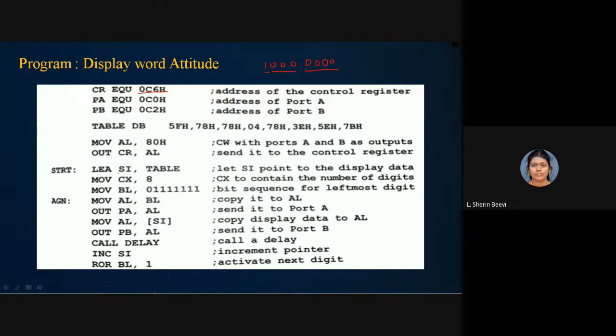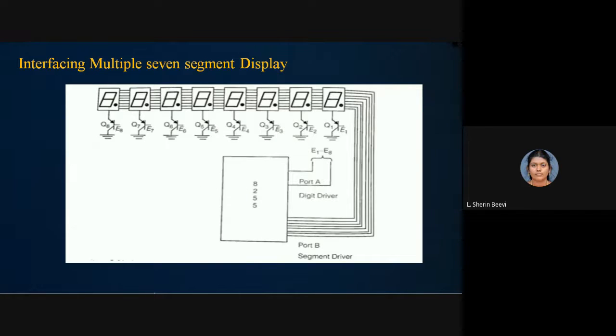Here initially the source index is set to the table to display the data. The table is in array format and its address is saved inside the source index register. 8 is the count, with CX acting as the count register. The value of the count is 8 because there are totally 8 characters in the word ATTITUDE. So that's why the count is 8. Then the bit sequence for the leftmost digit, the value is 0 initially. See this diagram: E8 value 0 means the transistor is turned on.